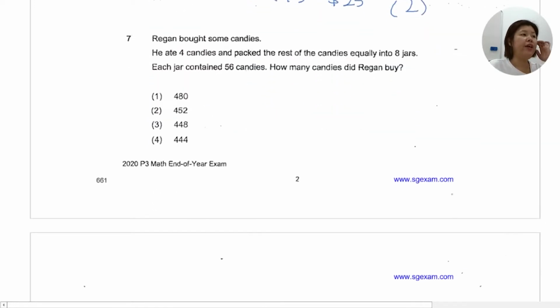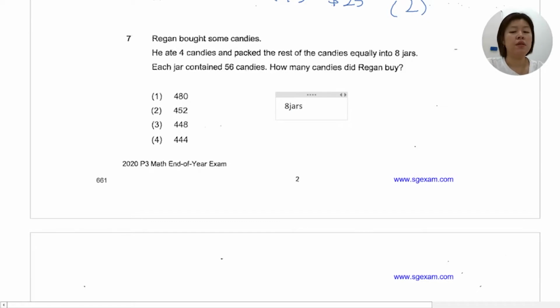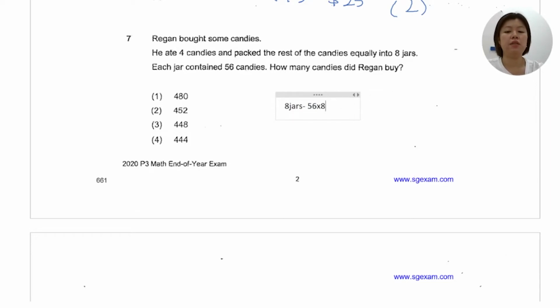Okay, next. Reagan bought some candy. He ate 4 candies and packed the rest of the candies equally into 8 jars. 1 jar has 56. So I can find the 8 jars first. Eight jars is 56 times 8, equals 448.